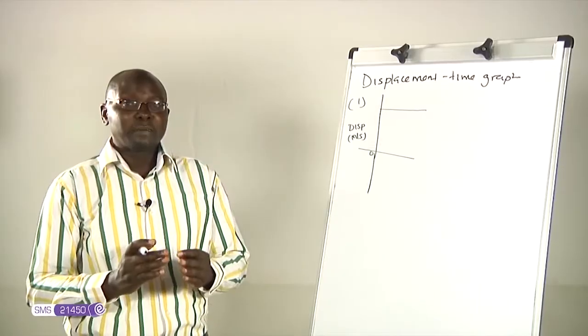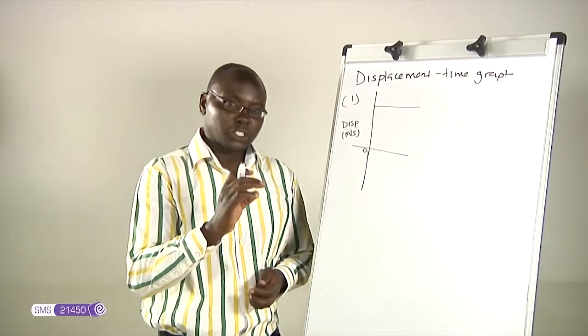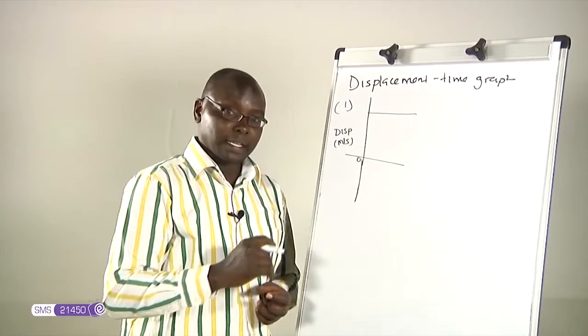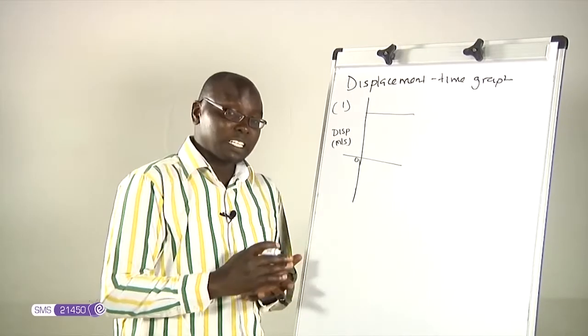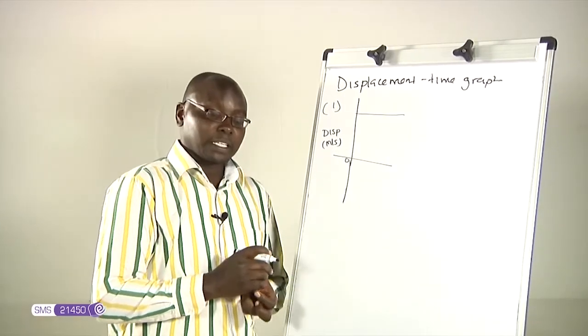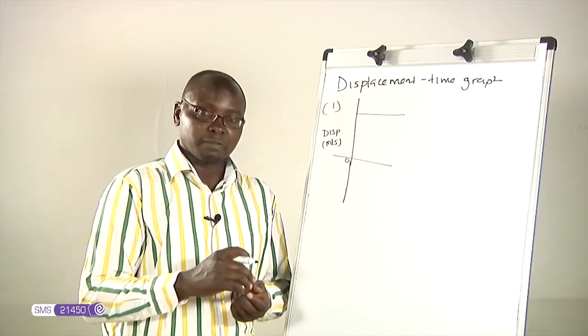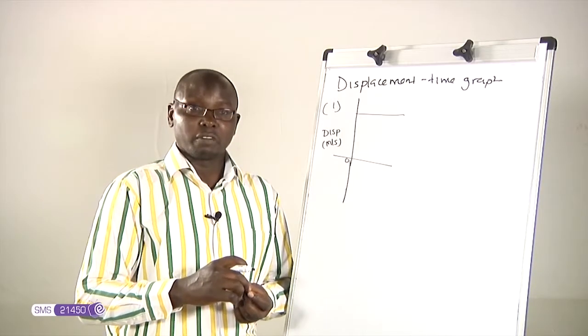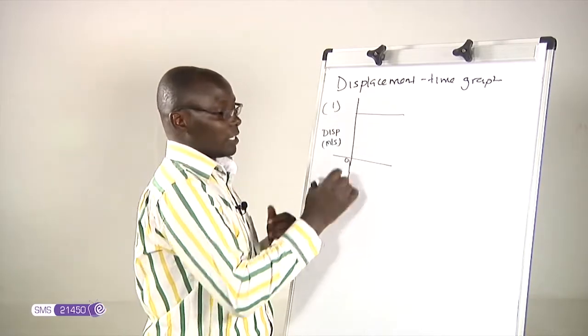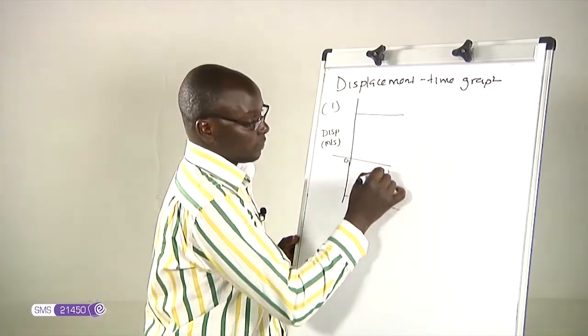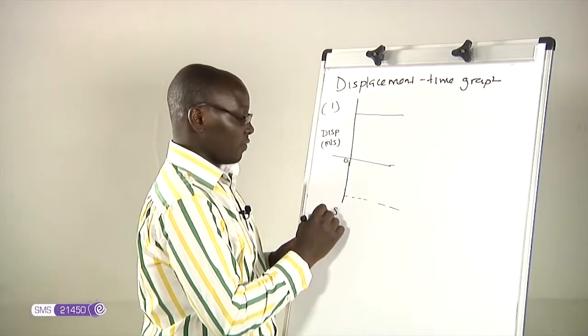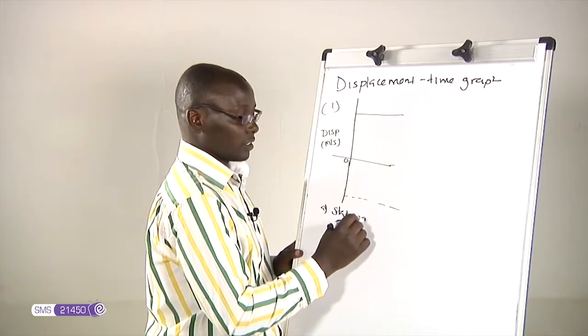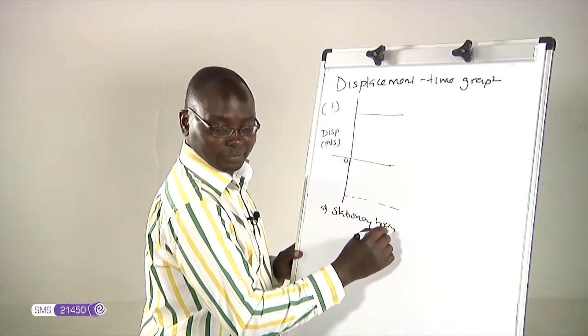We said for the displacement time graph, we must show it on both sides of the axis, because displacement being a vector quantity, it can be negative or positive depending on the position of the observer. So we must show it that way and then that way. That is now A for a stationary body.